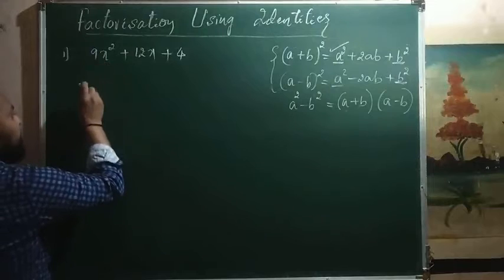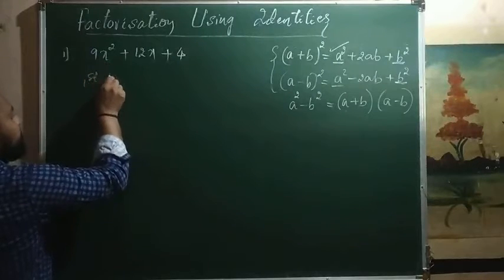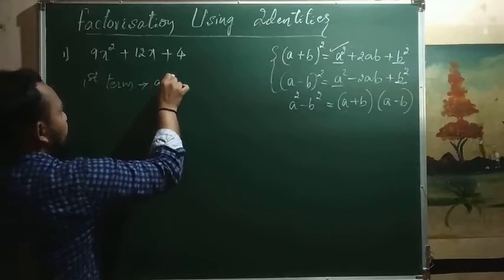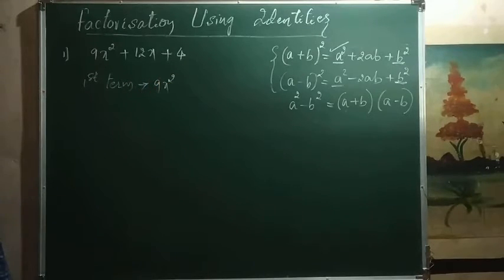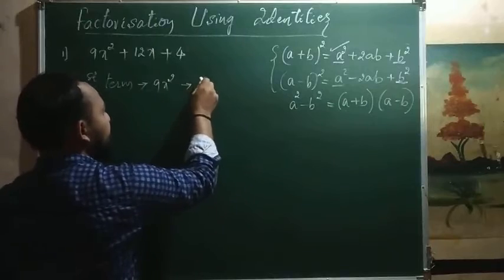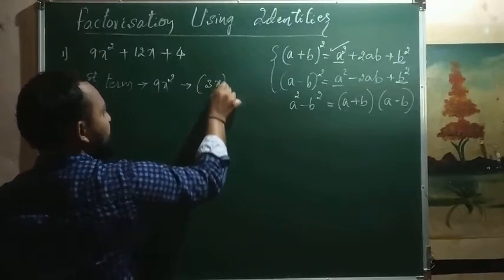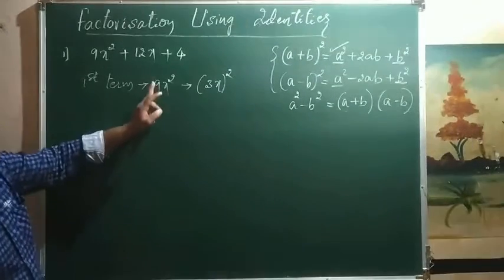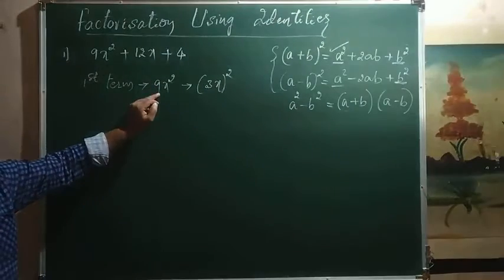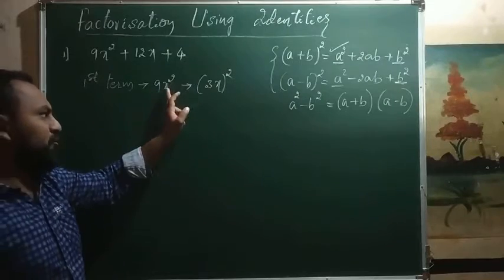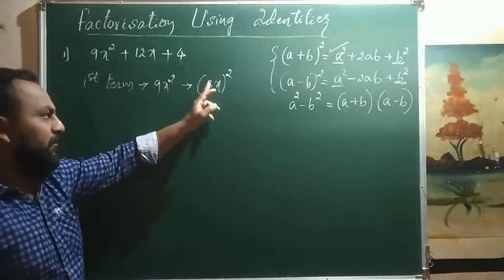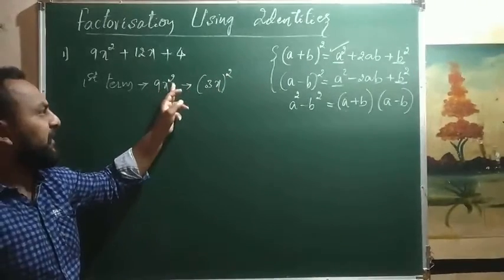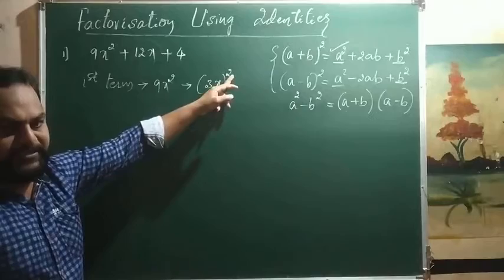Here the first term 9x square can be written as 3x whole square. The 9 is a perfect square: the square root of 9 is 3 and the square root of x square is x. 3 square means 3 into 3 is 9, and x square means x into x.